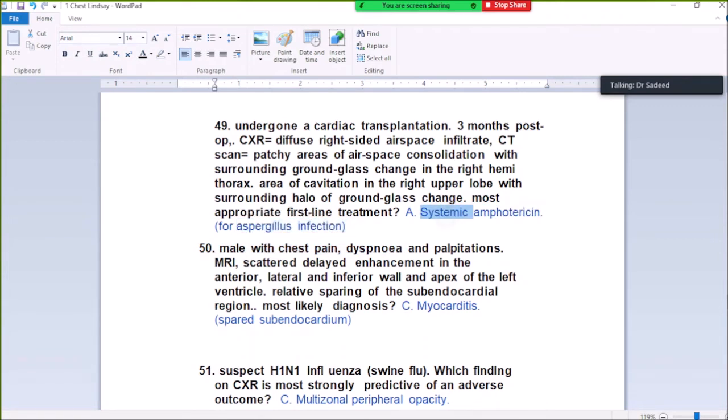He underwent cardiac transplantation and became immunocompromised. Aspergillus infection is most common after cardiac transplantation, with cavitation in the right upper lobe and a surrounding halo of ground glass change. The first-line treatment is systemic amphotericin.